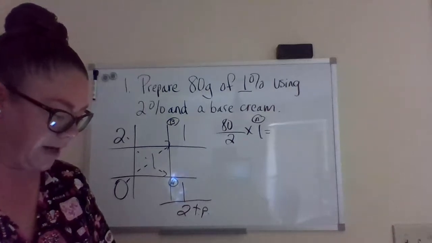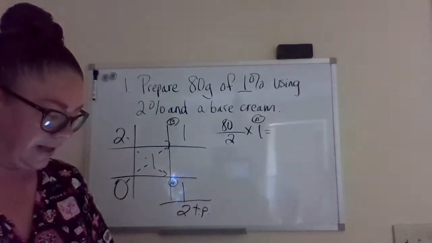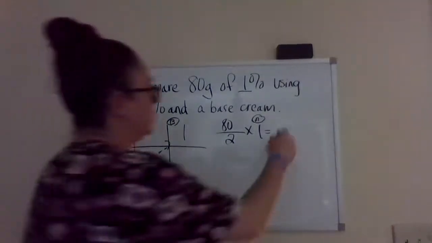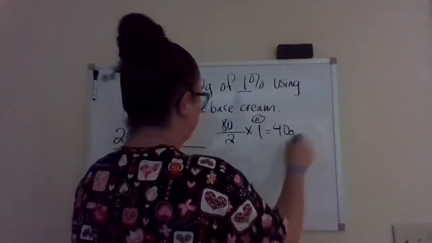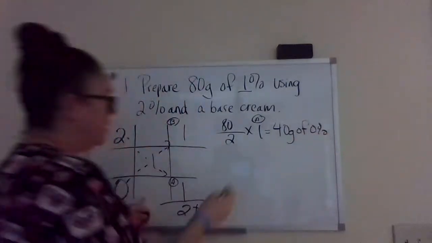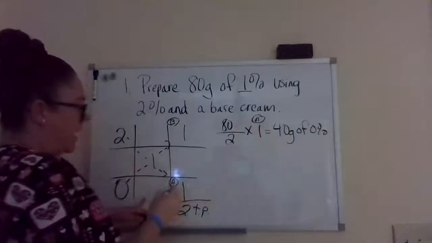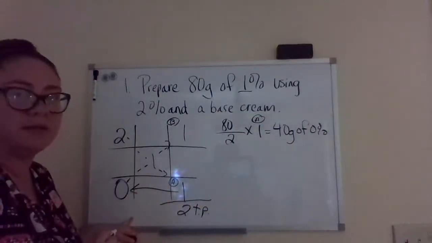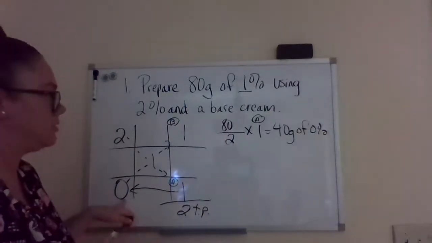So 80 divided by 2 is 40, times 1 is 40. So you get 40 grams of 0%. So wherever you're multiplying by a spot, that is what represents the percentage, okay?